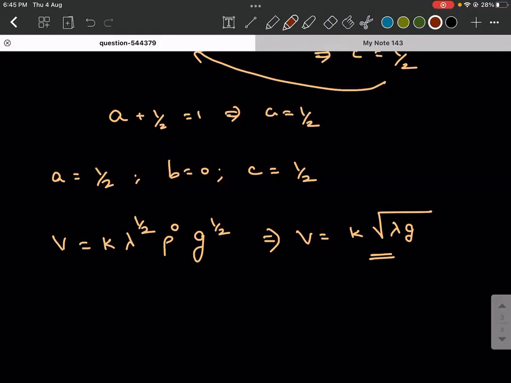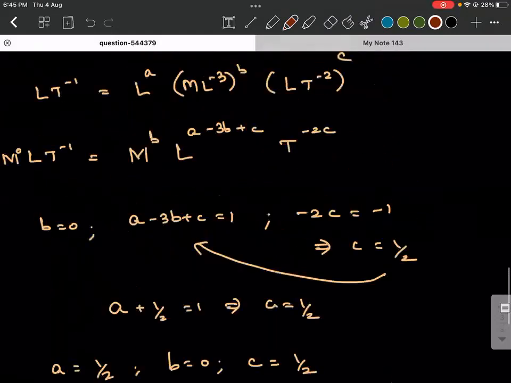This will be the mathematical formula for velocity, which is dependent on wavelength, density, and acceleration due to gravity. Is there any doubt? Please make a note of this.